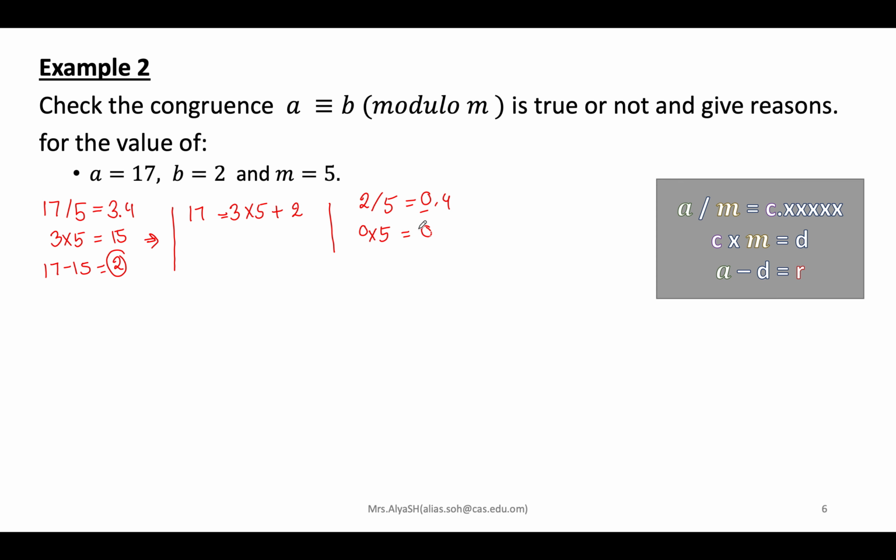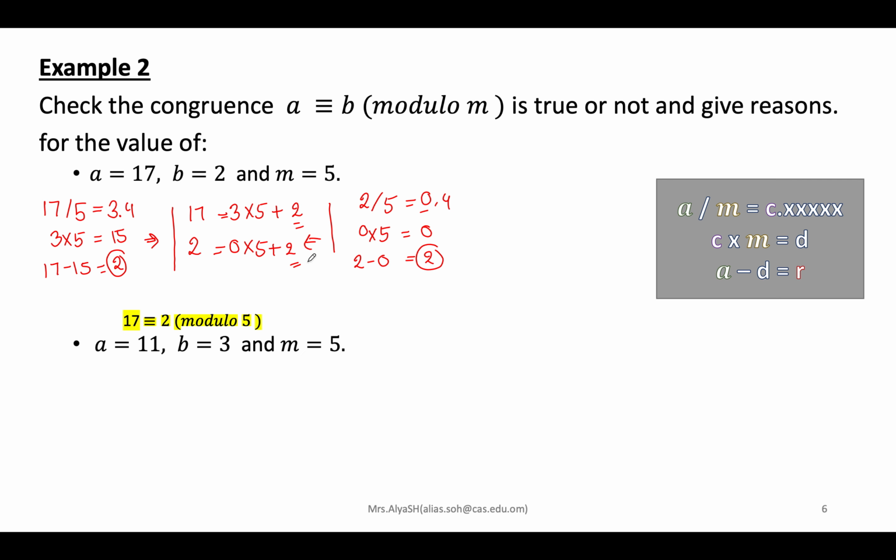We got the result as 0. Now 2 minus 0 equals 2. And here we got the remainder. Converting the following steps to one equation, we got that 2 equals 0 times 5 plus 2. And here we got that the remainders are equal. Then yes, 17 is congruent to 2 modulo 5.